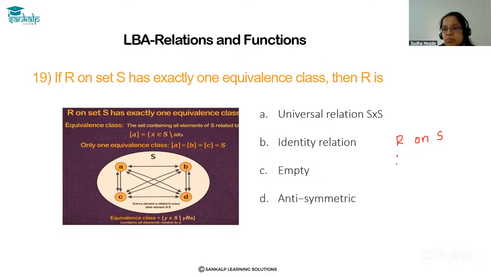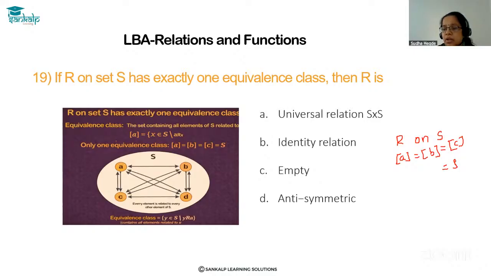That means suppose there are elements a, b, c and all, then equivalence class of a is equal to equivalence class of b because it has only one equivalence class. Equivalence class of c must be equal to S, right? Because S is the whole set.